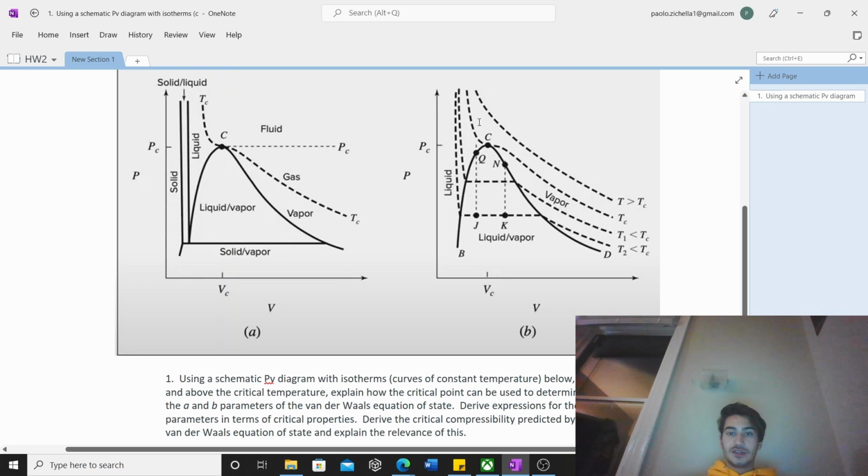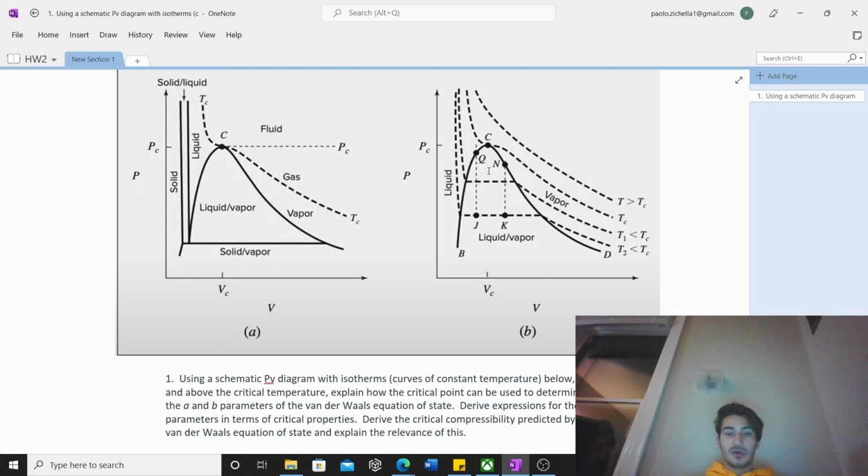If you remember from calculus, an inflection point that is also flat has a first derivative and a second derivative equal to 0. So we can use those two equations to solve for the A and B parameters of the van der Waals equation.